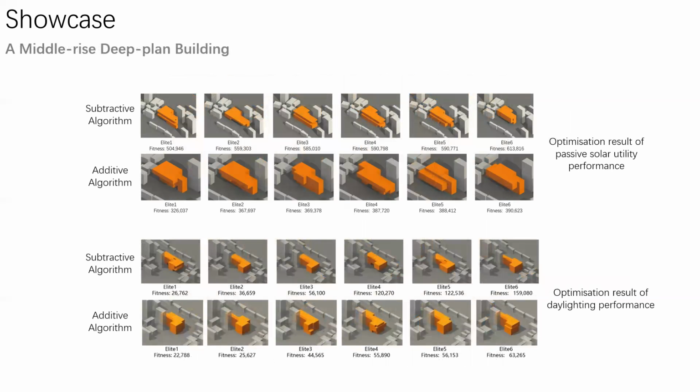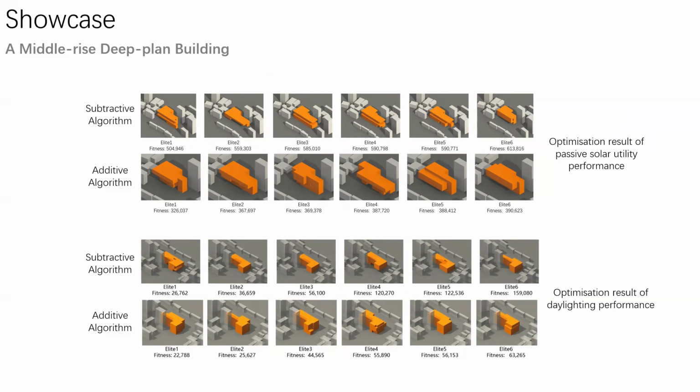For the second case study, we use the same optimization objectives, and so the information and the strategy reflected by this design variant is consistent with the previous one. But in this case study, we changed the building type from a high-rise building to a middle-rise deep-plan building.